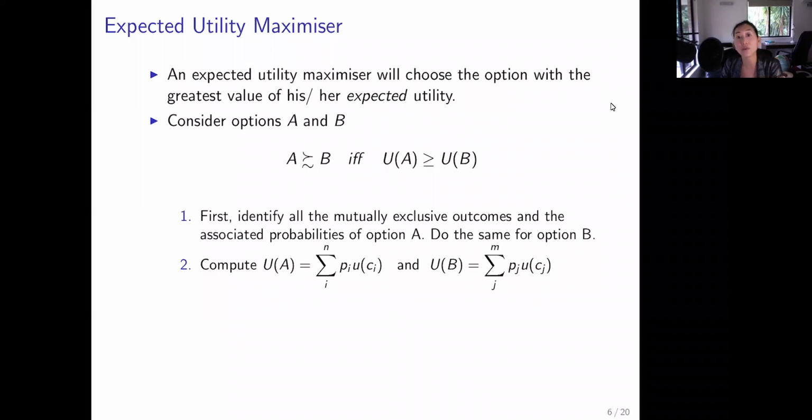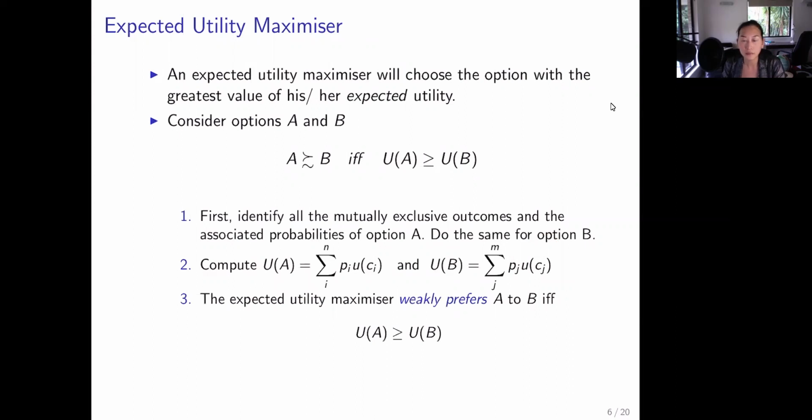Yes, you still can compare those, even though one is uncertain and the other is certain. How do you do it? The expected utility of the certain option equals Pj, which is equal to 1, times the utility value of the outcome of that certainty. That's it, and you still can compare it. Then you compute this expected utility across these two options.